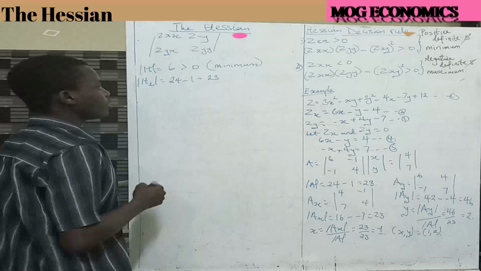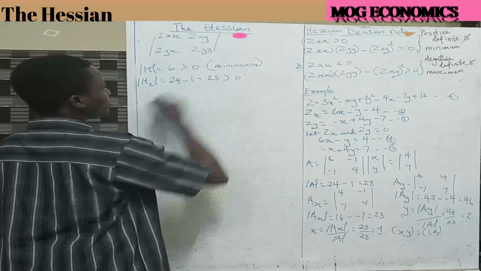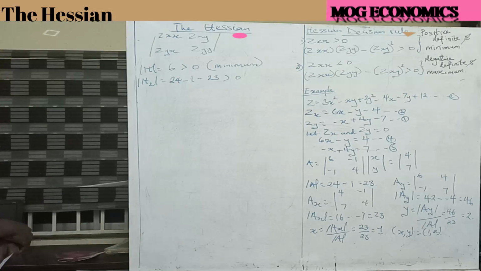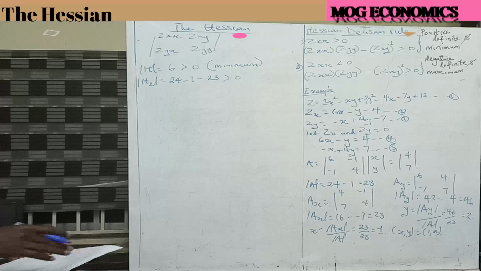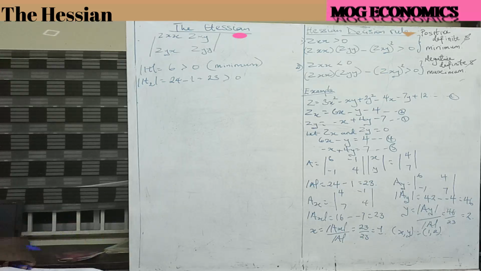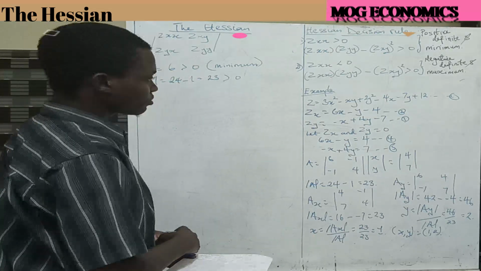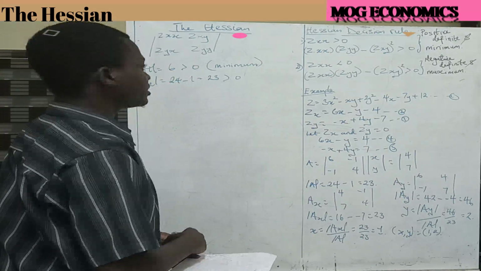If you look at this as well, this is greater than 0. So how are we going to write our results, how are we going to explain our results? So here we say that the function, this function is the Hessian.